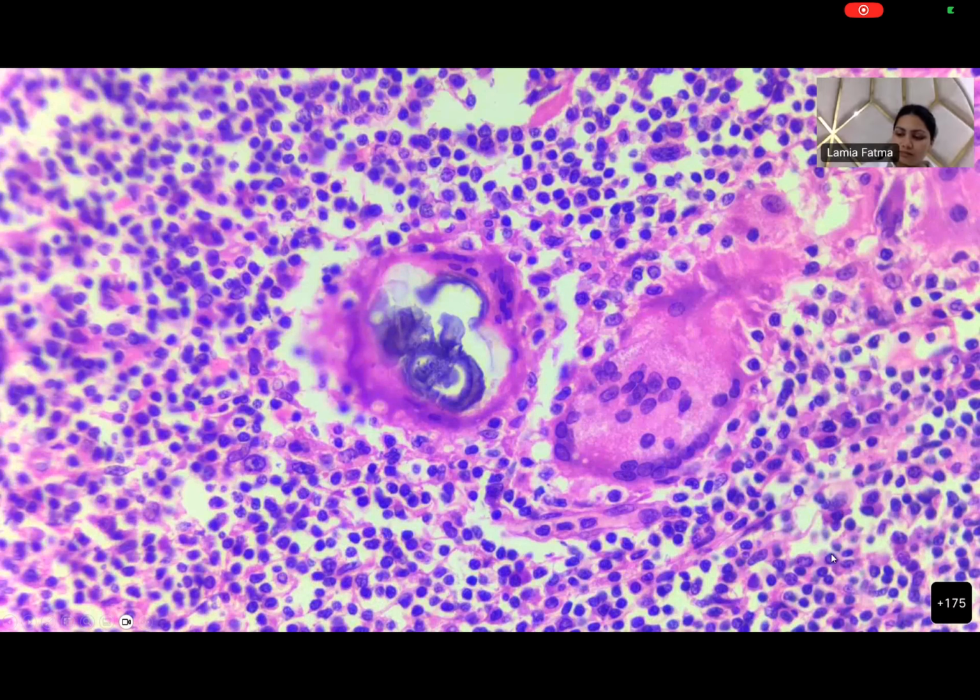Does that make you think of anything in particular? Some disease? Sarcoidosis. Definitely sarcoidosis.